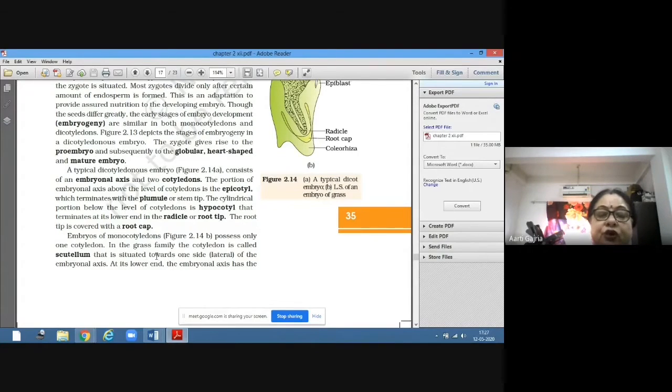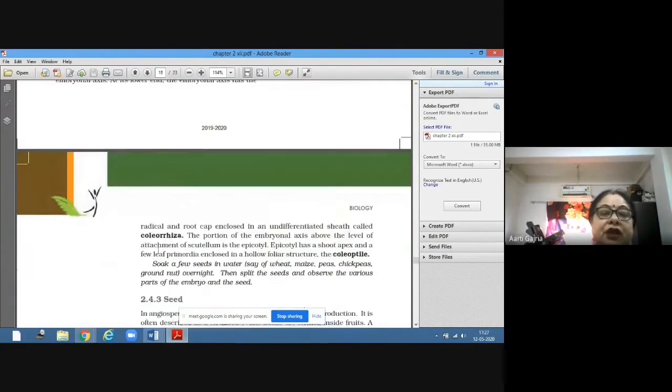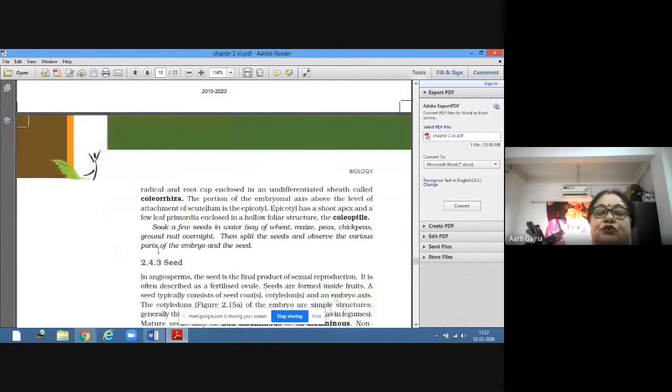At its lower end, the embryonal axis has the radicle and root cap, enclosed in an undifferentiated sheath which is called coleorhiza. The portion of the embryonal axis above the level of attachment of scutellum is the epicotyl. Epicotyl has a shoot apex and a few leaf primordia.